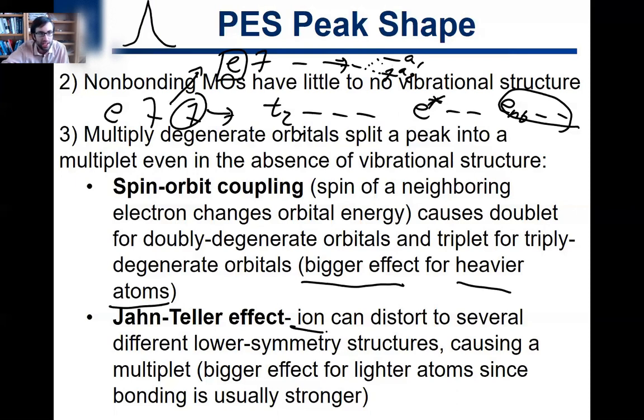So that's why Jahn-Teller distortion occurs: you want to lower the symmetry to break that degeneracy, so that you can have one state go down and the other state go up, and it turns out that will always happen that way. And we'll see that when we learn more about the Jahn-Teller effect later. But the thing about this is that it will cause a multiplet.